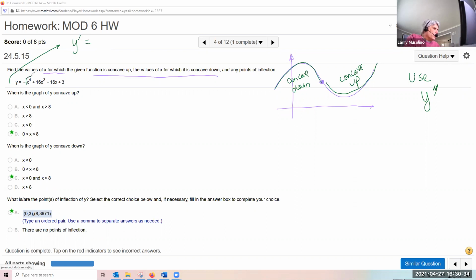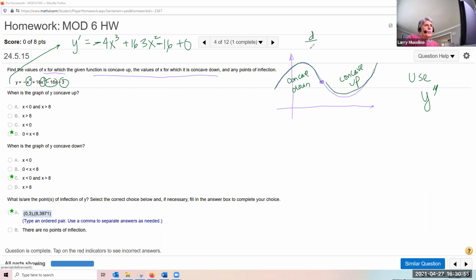When I take the derivative of x to the 4, that's 4x to the 3, but it has a negative in front. Then I'm going to take the derivative of x to the 3, that's 3x squared. The derivative of 16x is just 16, and the derivative of a constant 3 is just 0.